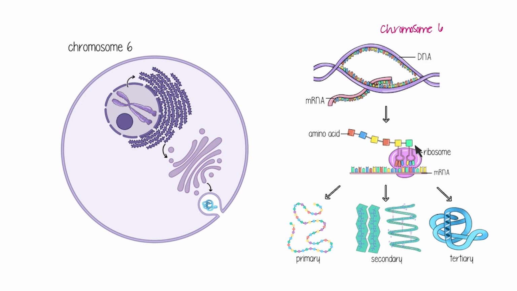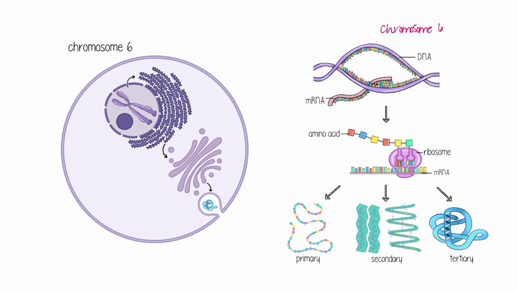This primary protein structure is then modified in the rough endoplasmic reticulum and then transported to the Golgi complex, where it will take its final form. During this entire process, proteins acquire their secondary, tertiary, and perhaps in some cases even a quaternary structure. Once we have our final protein ready and prepared, it is then transported to the cell surface in a Golgi vesicle.